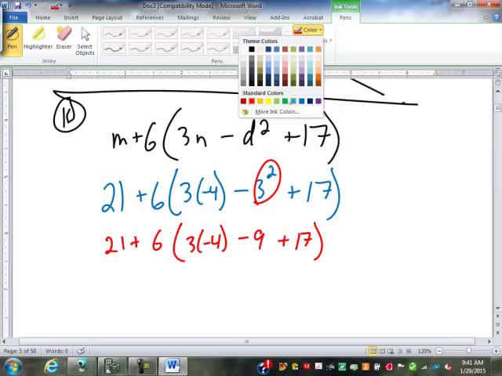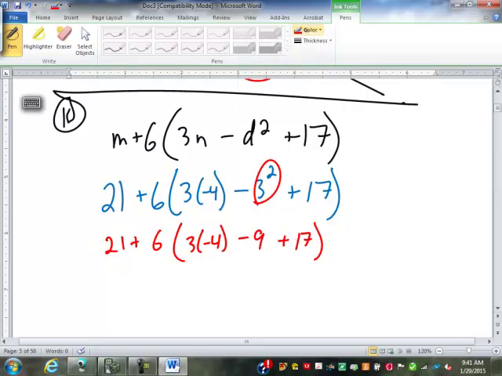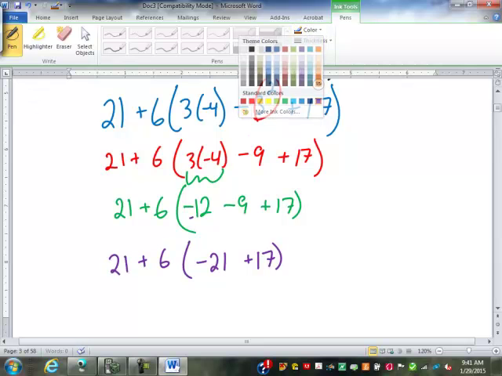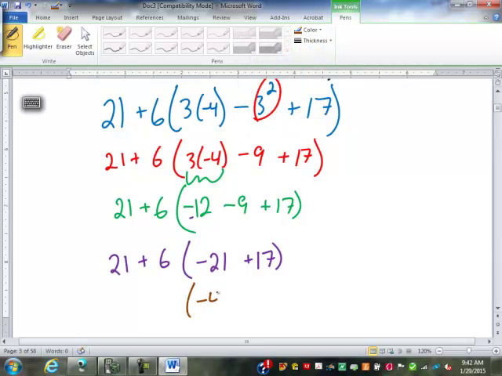Then we have 3 times negative 4, which is a negative 12. Negative 12 minus 9 is the same as a negative 12 plus a negative 9. It's a negative 21. Negative 21 plus 17 is a negative 4.